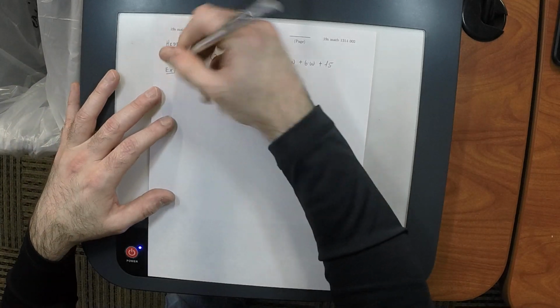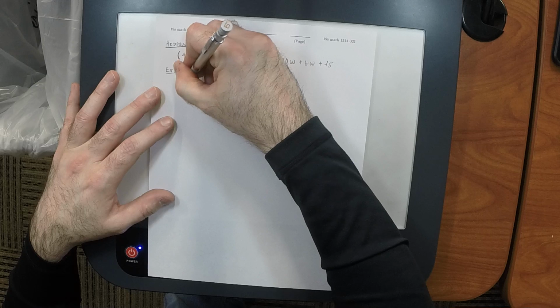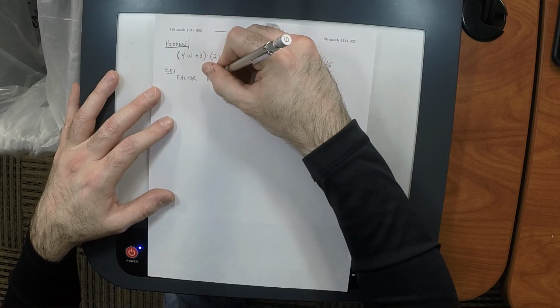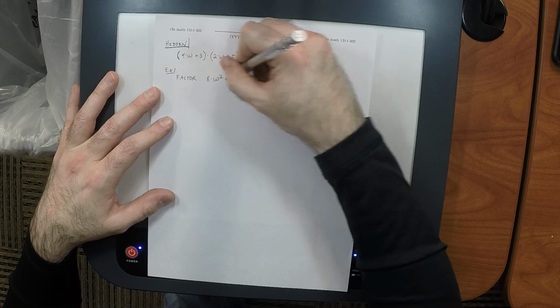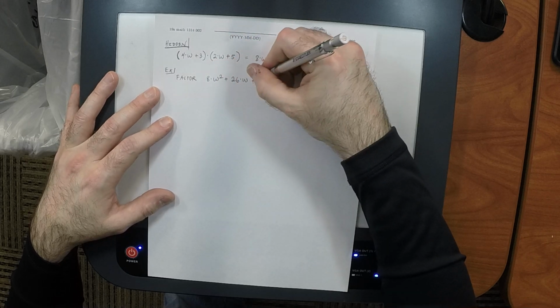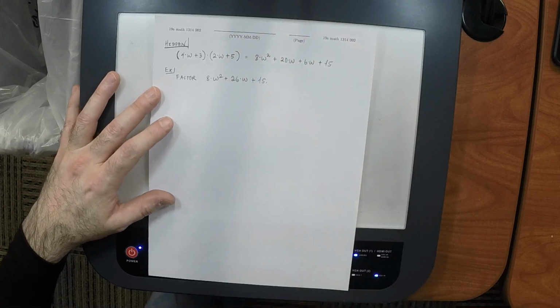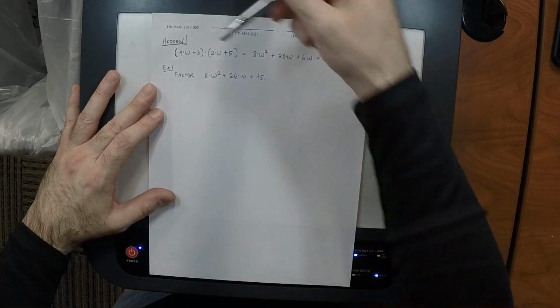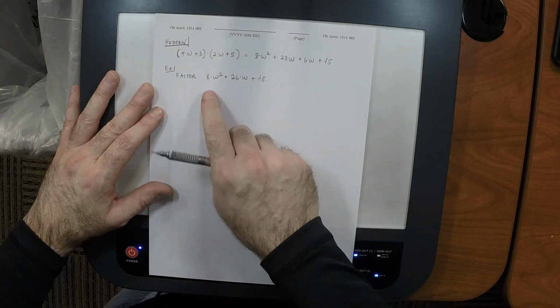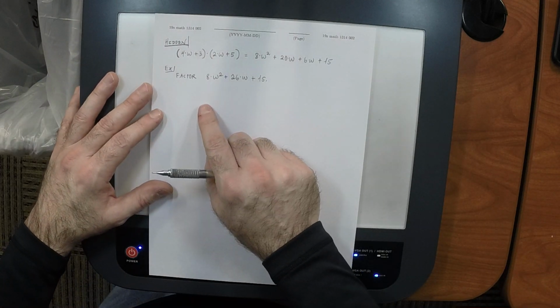So here's the question. Please factor 8w squared plus 26w plus 15. And of course, the final answer is going to be that. But that's not going to be given to you. And besides that, what's being graded is the actual work.